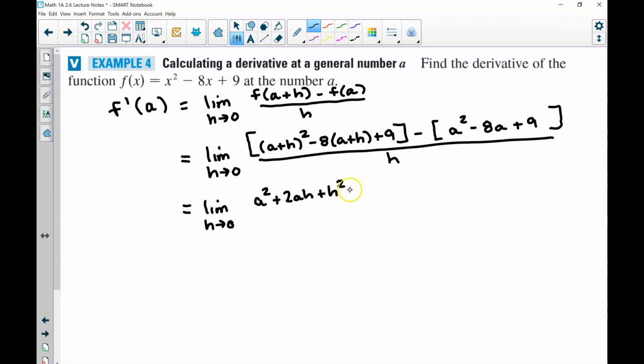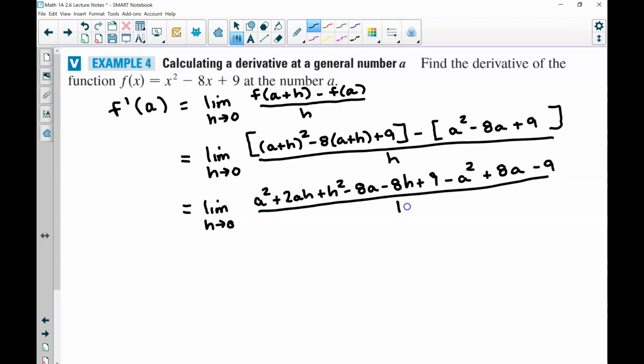We're going to distribute the minus 8, so minus 8a minus 8h plus 9. And then we're going to distribute this negative sign to get minus a squared plus 8a minus 9, all over h.